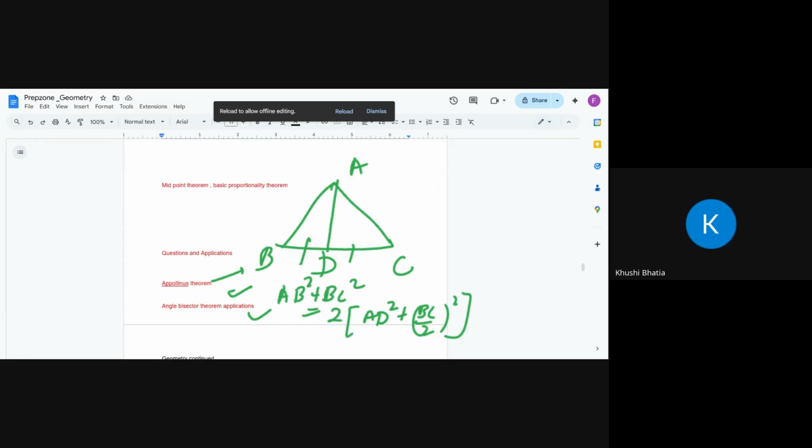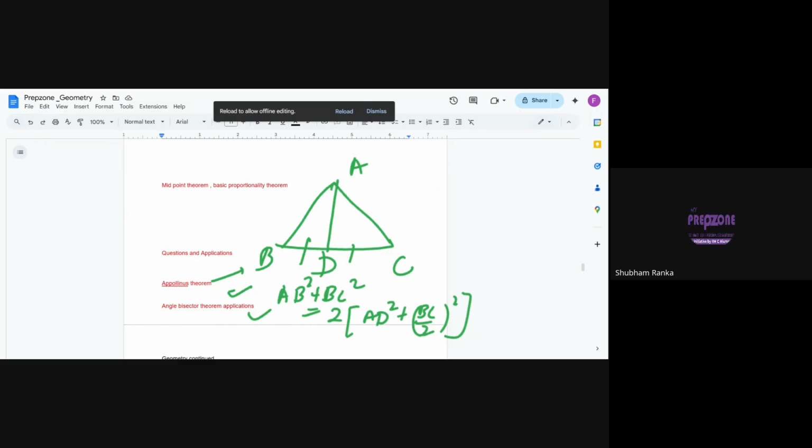So AB square plus AC square equals twice of median square plus half of BC square, which is DC. This is a basic plug-in formula question. I can just give you some random values of AB, AC and AD and then ask you to find the length of BC.